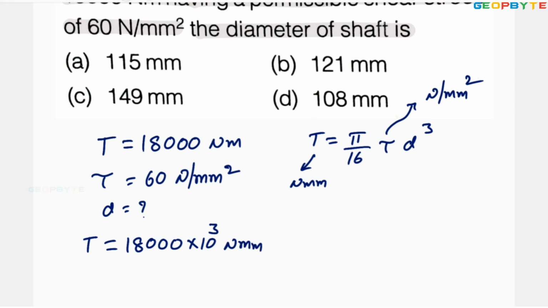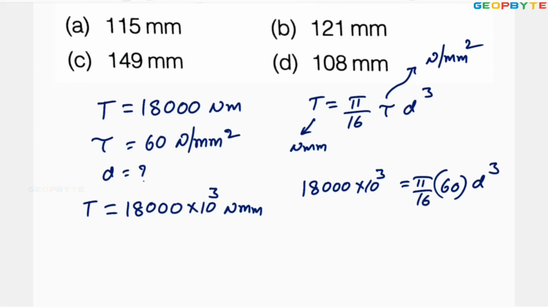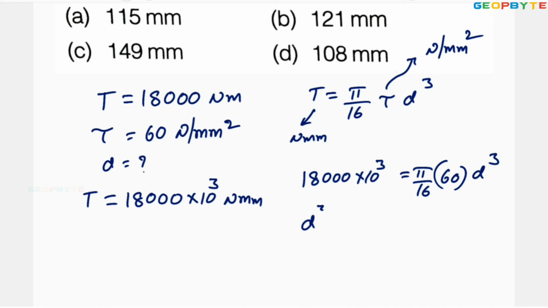So anyhow, torque is 18,000 into 10 power 3 is equal to pi by 16 into tau. What is tau in Newton per mm square? 60 into d cube. From this, d cube equal to 18,000 into 10 raised to 3 multiplied by 16 divided by pi into 60.